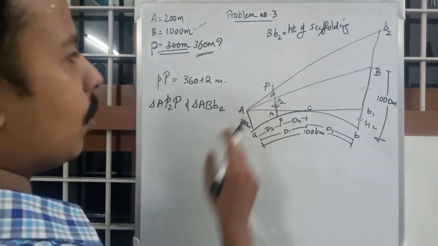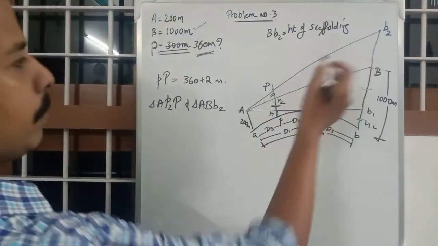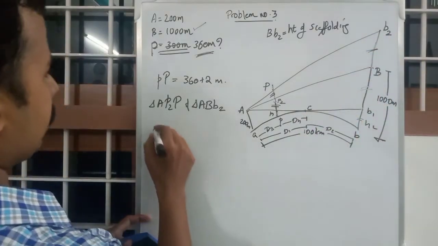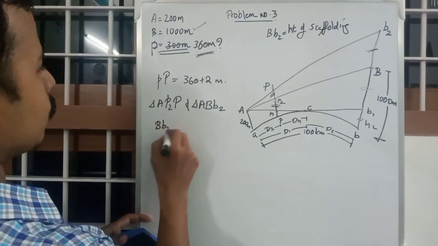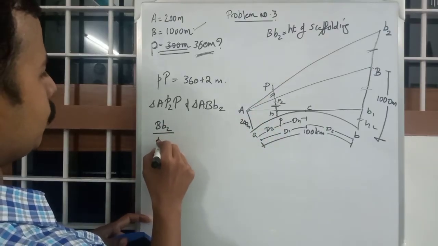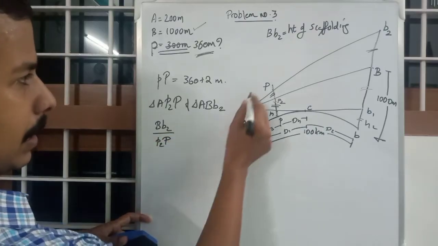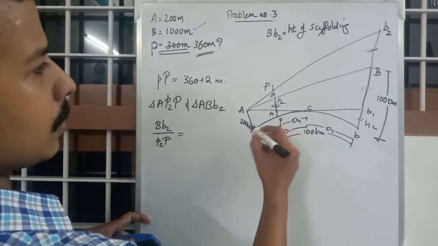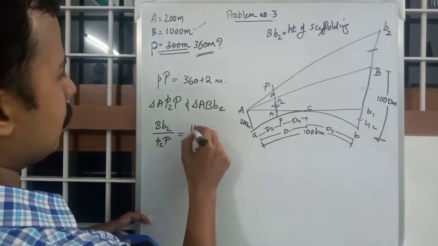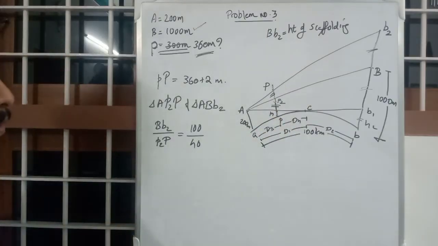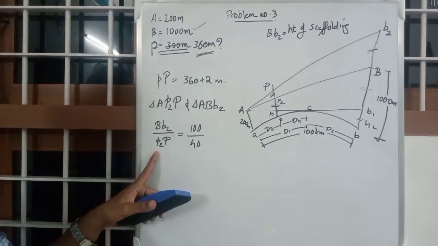In here, what do we want to find out? BB2, the height of scaffolding. BB2 divided by P2P, this height, should be equal to the total distance 100 minus the base distance of the small triangle, 40.